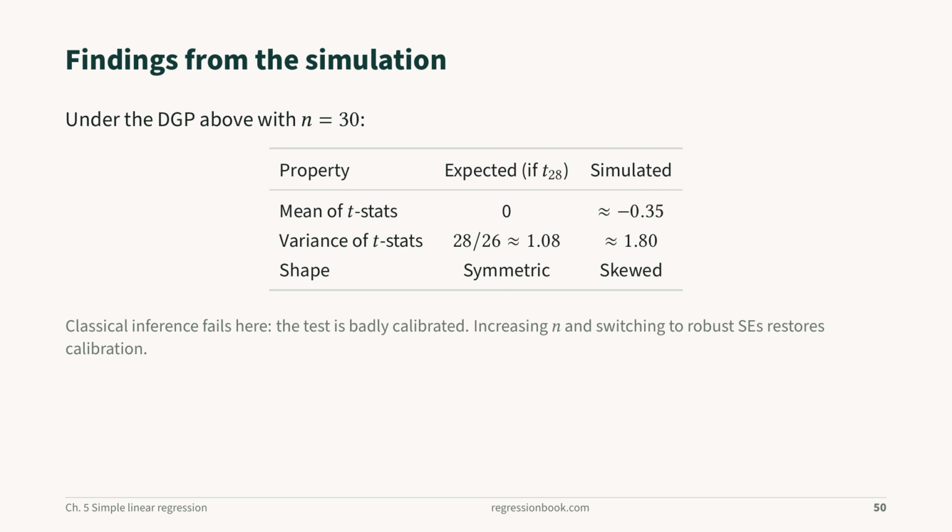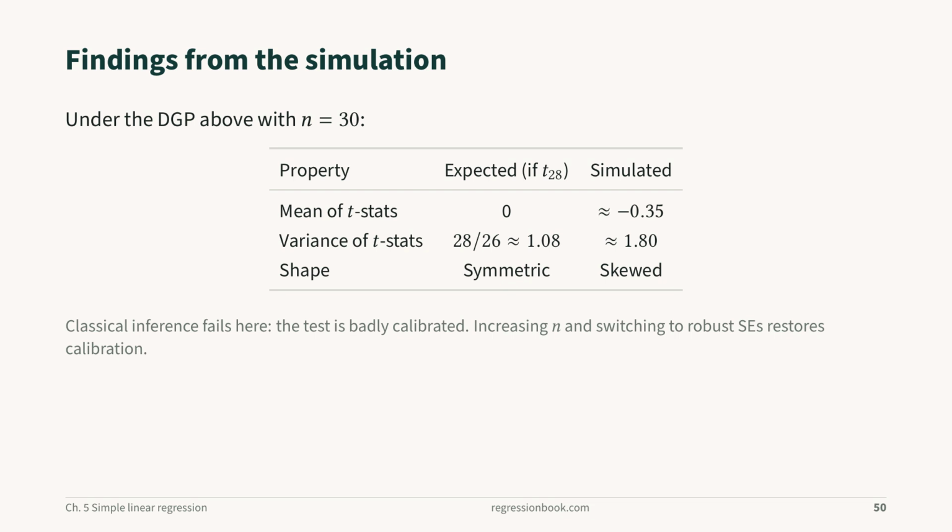If classical theory held, the t statistics would average 0 with variance near 1 and a symmetric shape. The simulation says otherwise: mean about minus 0.35, variance about 1.8, and a visibly skewed distribution. The test is badly calibrated. Nominal 5% rejections will not be 5%.